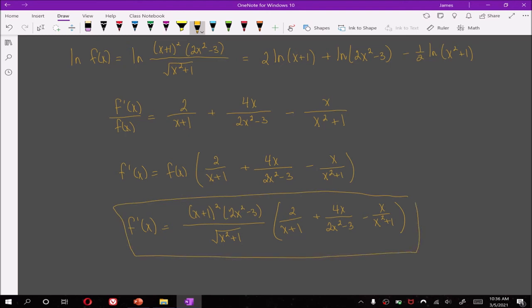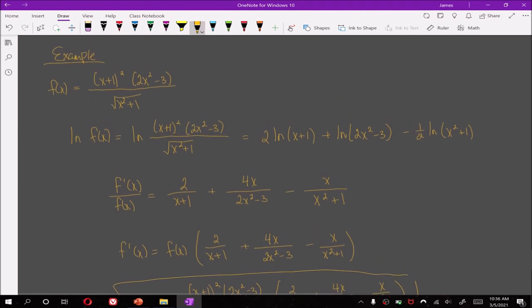Right, simplifying that really serves no purpose. And now there's our derivative with far less algebra than if we would have tried to differentiate this directly.